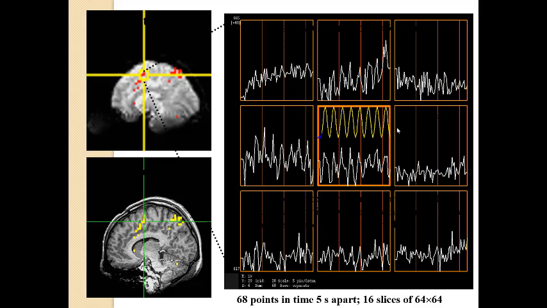Well, the area of the brain responsible for tapping your fingers is going to be more active when you're tapping than when you're not. So if you tap for 10 seconds, stop for 10 seconds, tap for 10 seconds, stop for 10 seconds, you're going to get a predicted blood oxygen level that forms this sort of sinusoidal wave that's going to map the on and off of the finger tap.